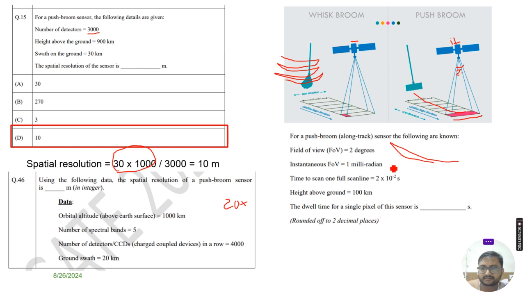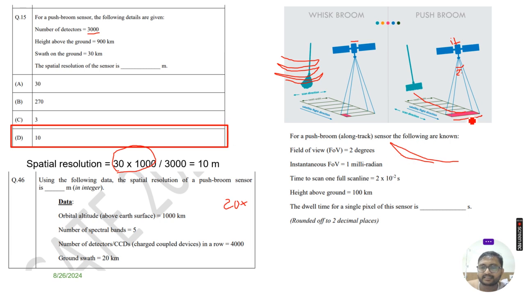Sir, do I have to convert the degree to radian? No. Here it's a conceptual question. See, in push broom sensors, how does it collect the data? All data at once. This entire line it will collect in just one go.